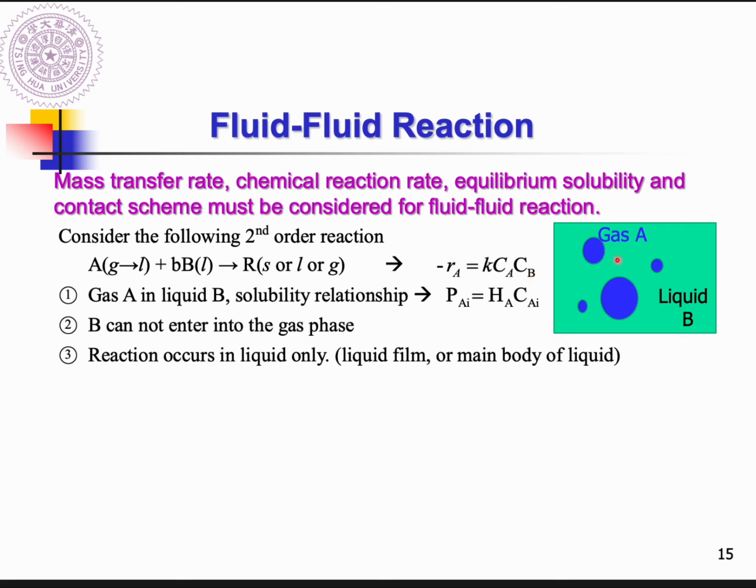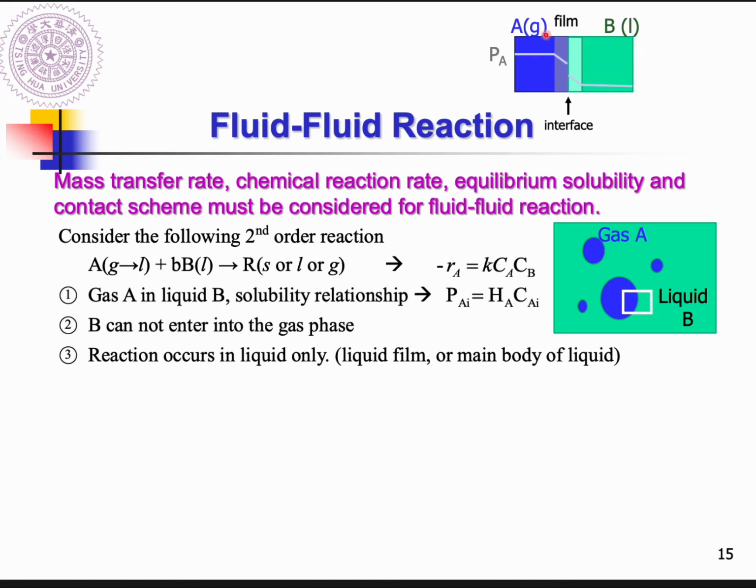As we mentioned before, the reactant A is a gas. So when gas A is in liquid B, you need to understand the solubility. There is a solubility relationship between the partial pressure and the concentration of reactant A, and in between is Henry's constant. I want to highlight how gas A reacts with liquid B. Let me enlarge this region: we have gas A and liquid B, and in between is a film layer.